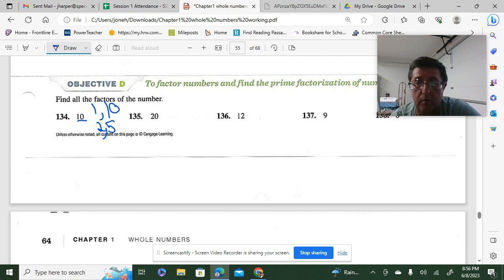Okay. 20. 20 is very similar. You have 1 and 20. 1 times 20. Well, you have 2 times 10. Then you have 3 will not go into it. So you have 4 and 5.